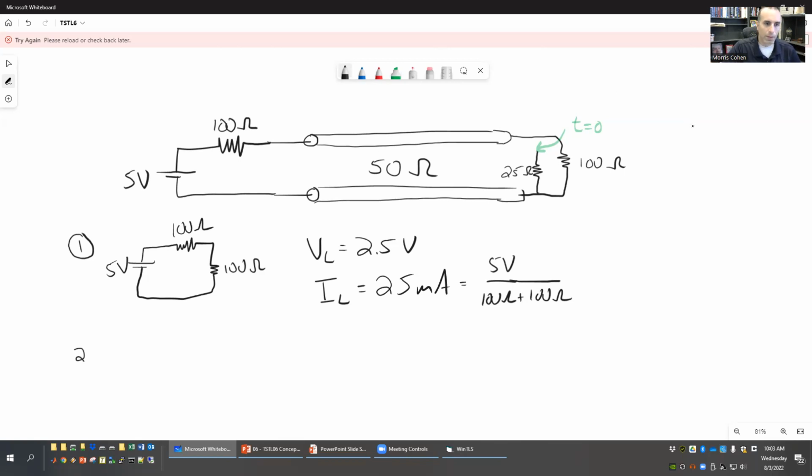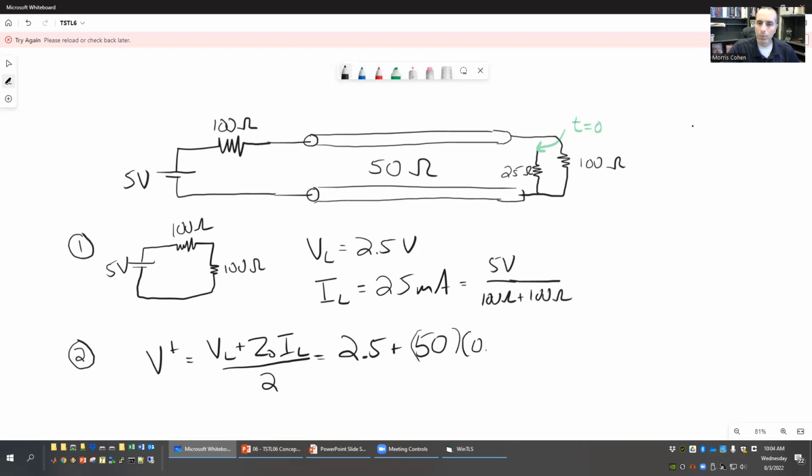Step 2 is now to figure out what are the steady state values of the positive and negative going waves that must exist in order to support this. All right, so V positive equals (VL plus Z0 IL) divided by 2, which equals (2.5 plus 50 times IL) divided by 2.